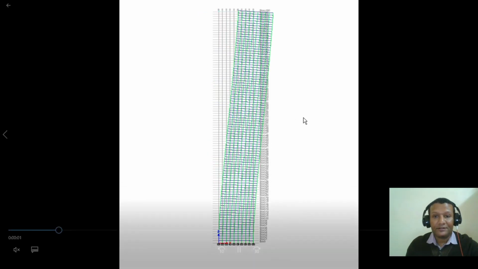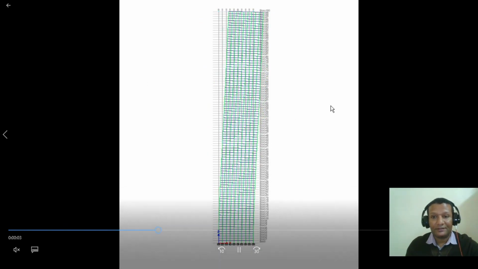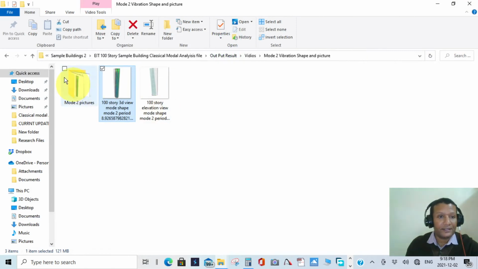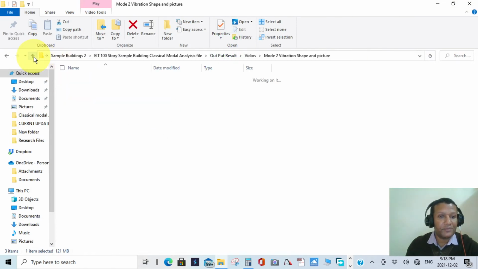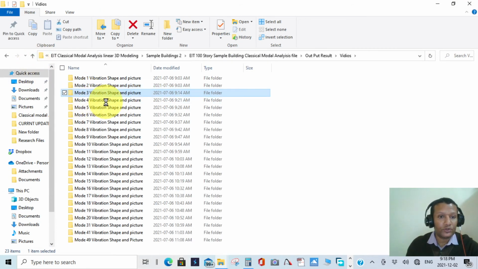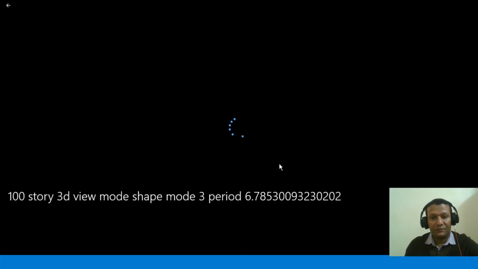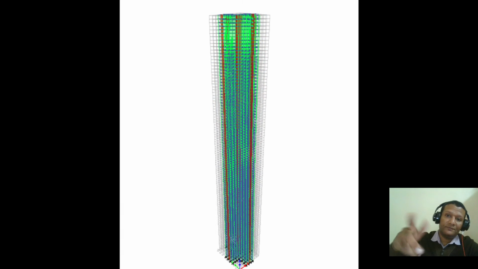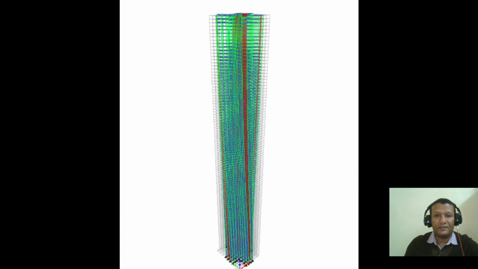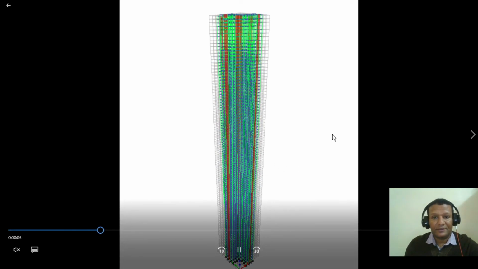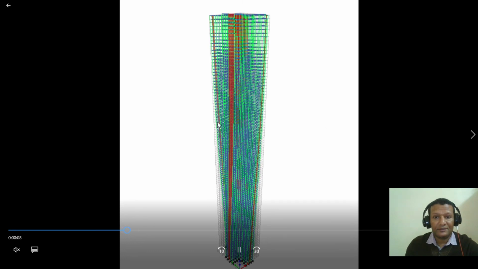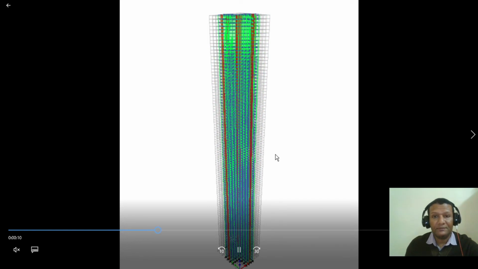And the third, you see, again the third will be torsional. This is torsional, as you can see.